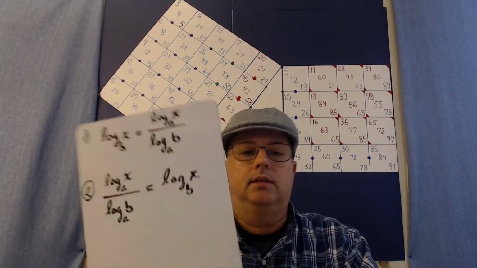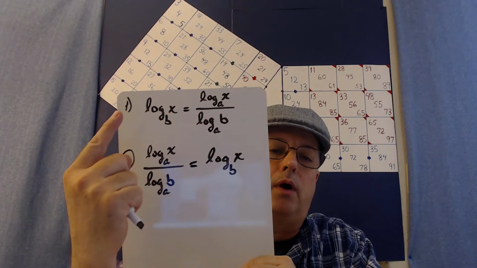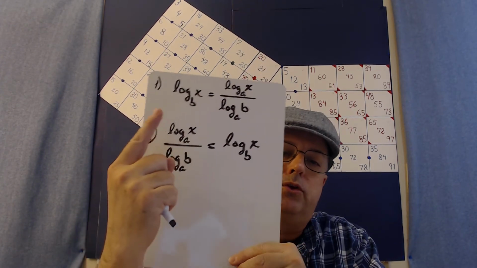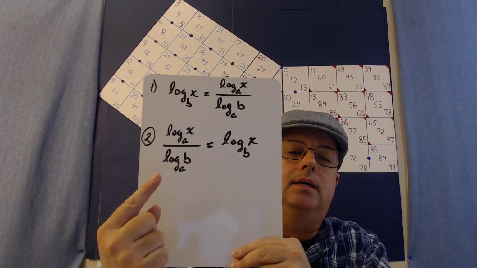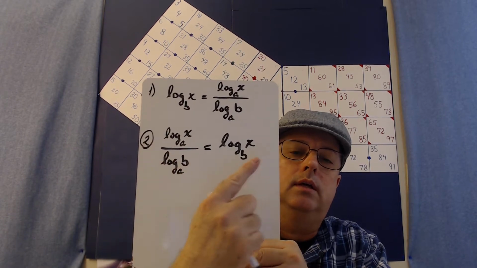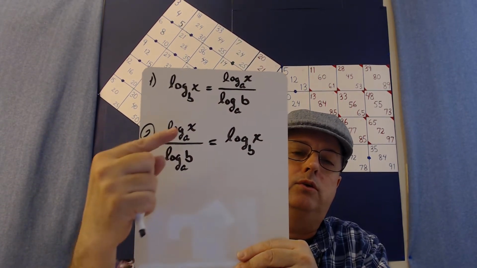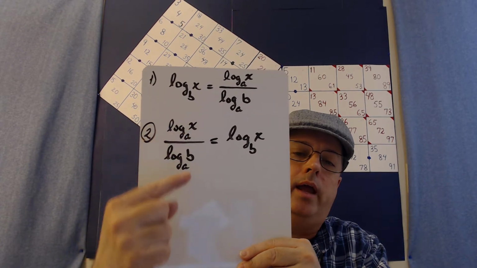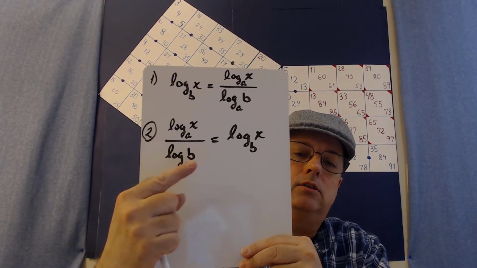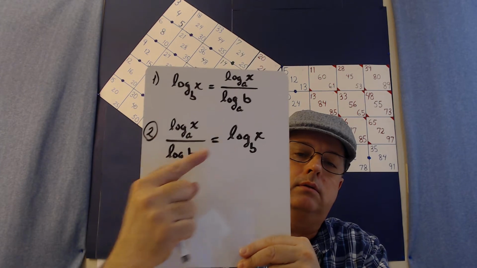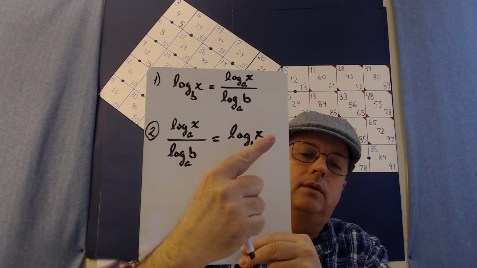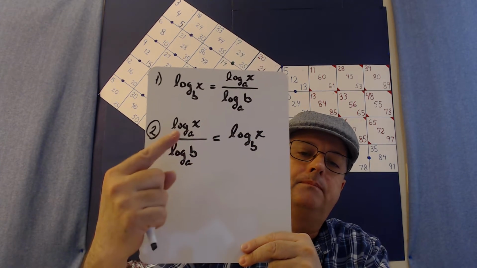Okay, now that says the same thing as the first property, the first feature here, but it's just nice to look at it forwards and backwards here. Okay, so if the bases are the same here, a and a, then this is the original, this is the new base here, log base b of x.